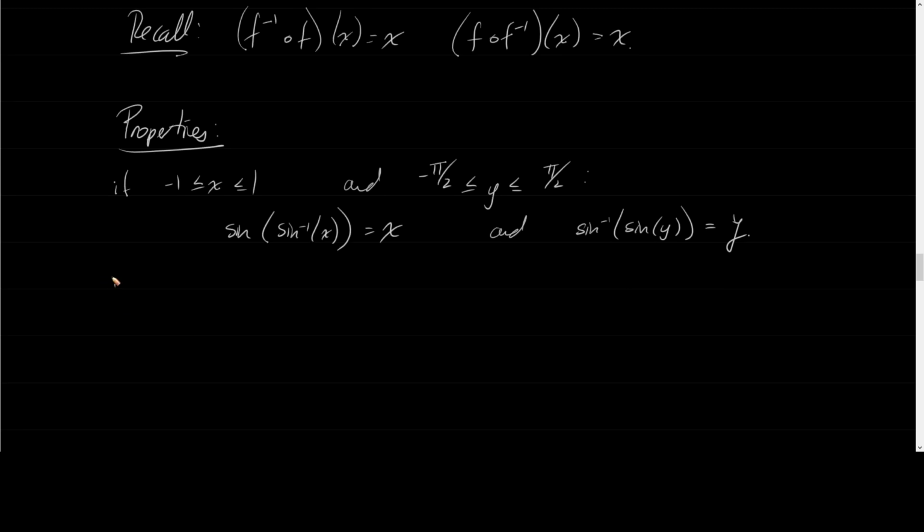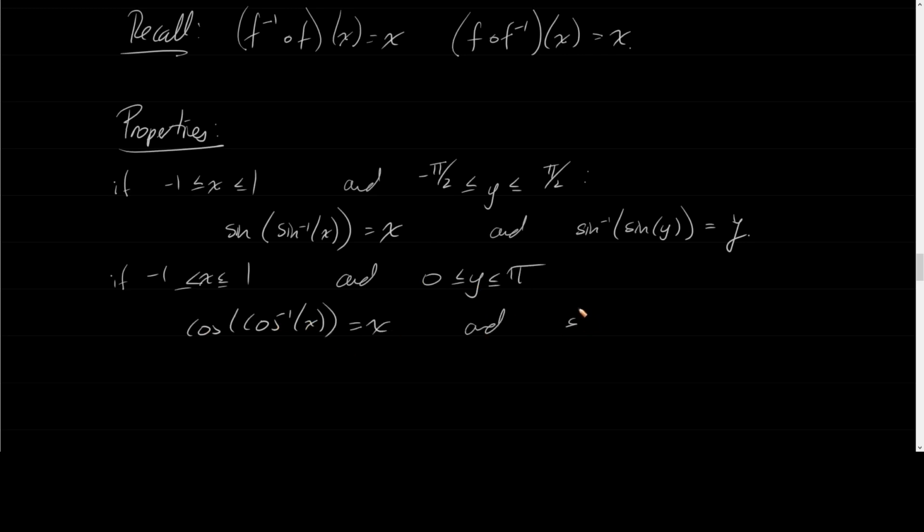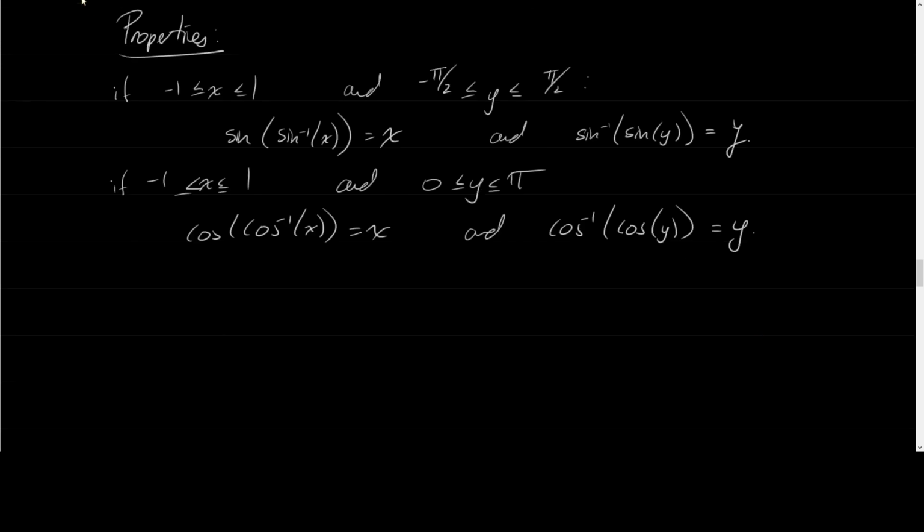Similarly, if x is between -1 and 1, and y is between 0 and pi, then cosine of cosine inverse of x is equal to x, and cosine inverse of cosine of y is just equal to y. So essentially, as long as you're working with the proper domains, these would cancel each other out.